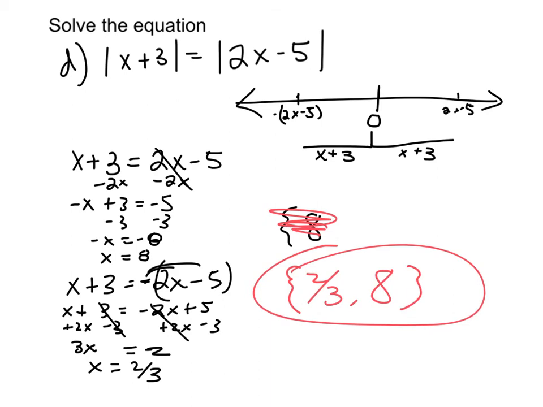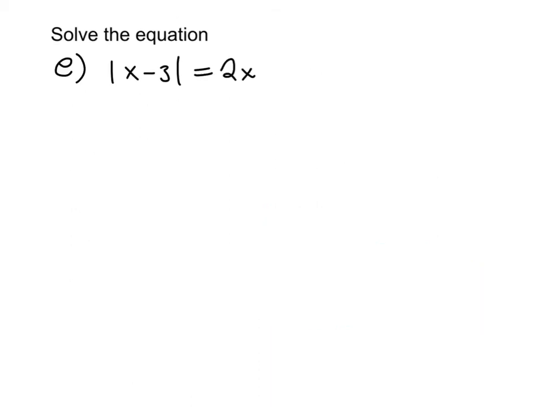All right, moving on to the last example. This one is the most difficult because, unlike the previous one where we had an absolute value on the right-hand side in addition to having it on the left-hand side, this one we don't have that. Okay, but we still have the variable x over here.